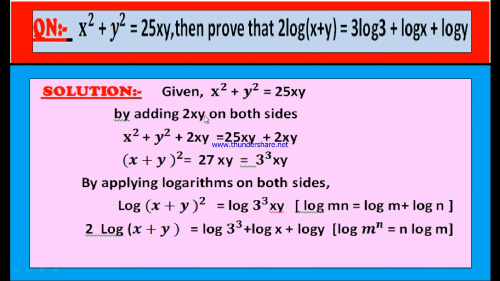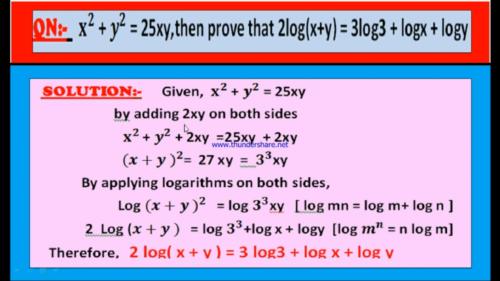LHS plus 2xy is equal to RHS plus 2xy. LHS means x square plus y square plus 2xy is equal to RHS means 25xy plus 2xy. Now this is in the form of a square plus b square plus 2ab, which is a plus b whole square, that is x plus y whole square is equal to 25xy plus 2xy, 25 plus 2, 27xy.